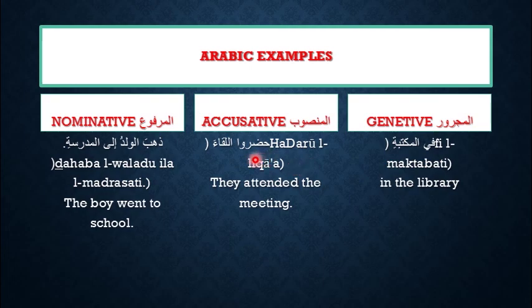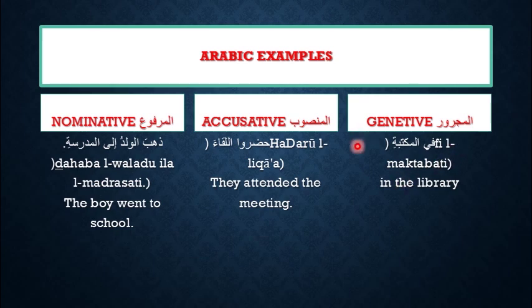So حضروا اللقاء. اللقاء here is the object. It has the object function, and therefore it has the accusative case, and it is marked by al-fatha. They attended the meeting. All right.